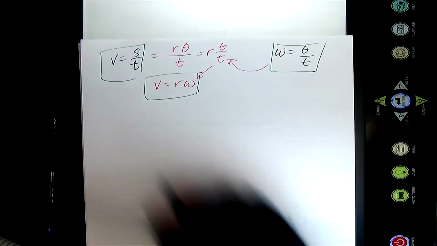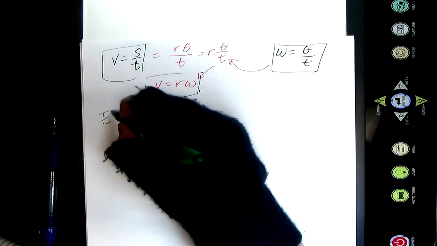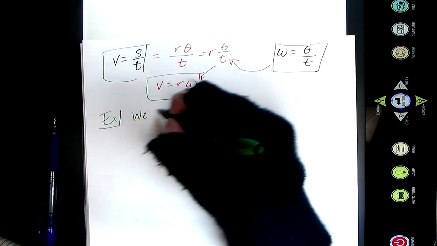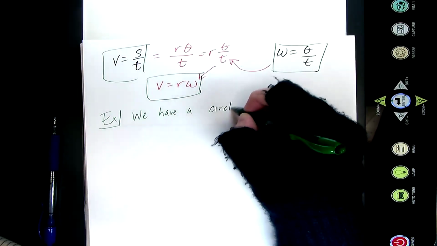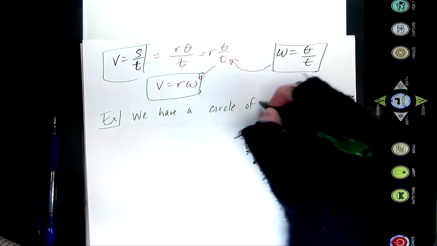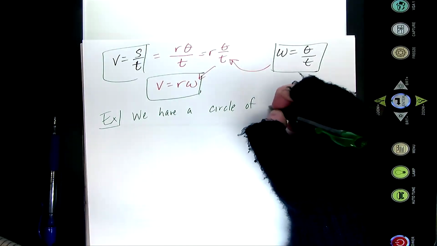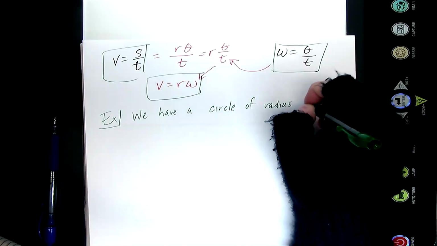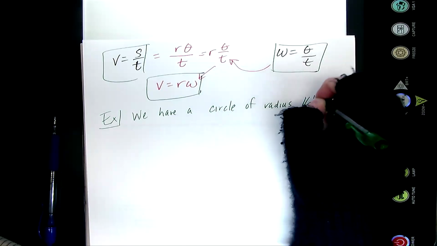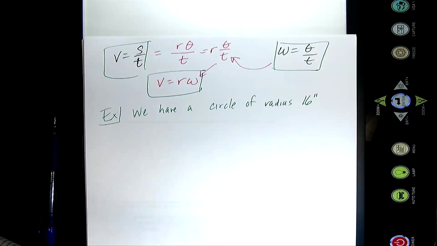Let's say we have a circle. Radius, this is a, I don't know, maybe it's a pie. 16 inches is a big pie, right? That's not a radius, that's the diameter. Oh well, this isn't a pie or a pizza.